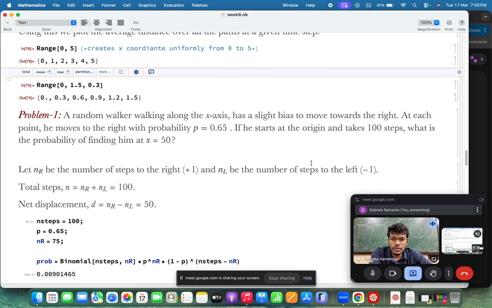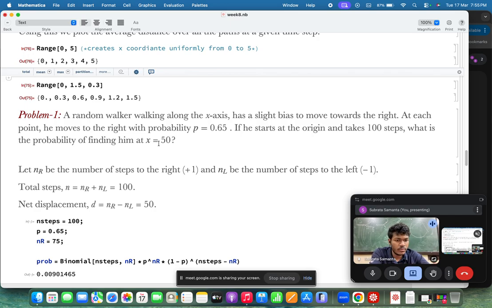Here we also consider a bias problem, where at each point we move to the right, that means +1, with probability p equals 0.65. If he starts at the origin and takes 100 steps, what is the probability of finding him at x equals 50? You see here, the probability is greater than half, so that means x equals 50 is in the positive direction along the x axis.